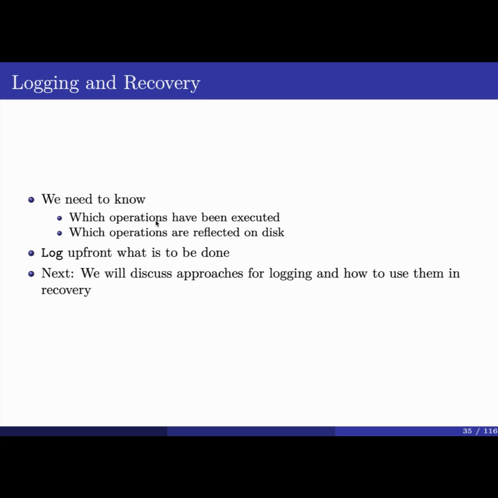So I need to find out what the transaction did up until the moment of the crash, and also which operations were reflected in the disk. When it is reflected in the disk, that means the transaction managed to write or update the data in main memory, and the buffer manager executed what is called the output, which reflects the change in the disk.